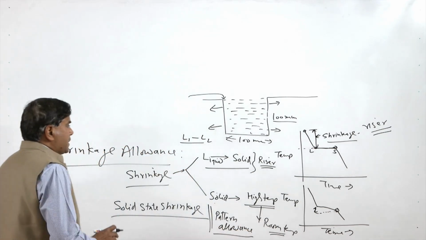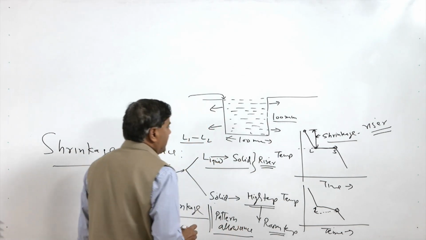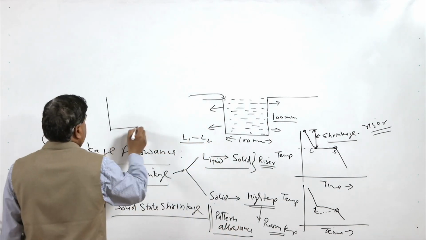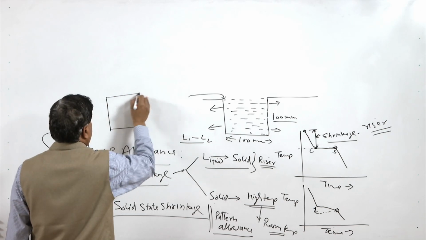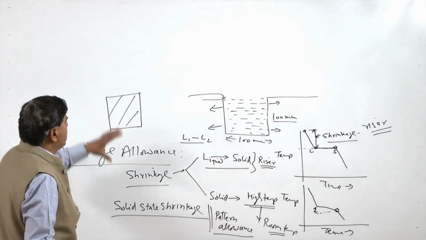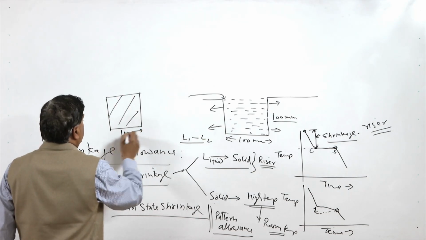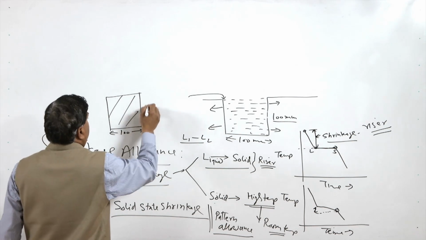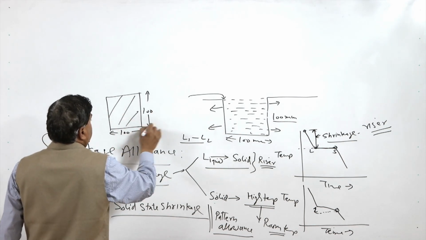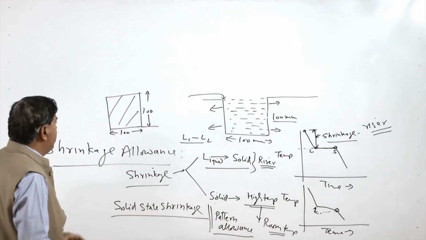Say this 100 by 100 size casting has solidified, and when it cools down to room temperature, the dimensions which were 100 by 100 just after casting will reduce.